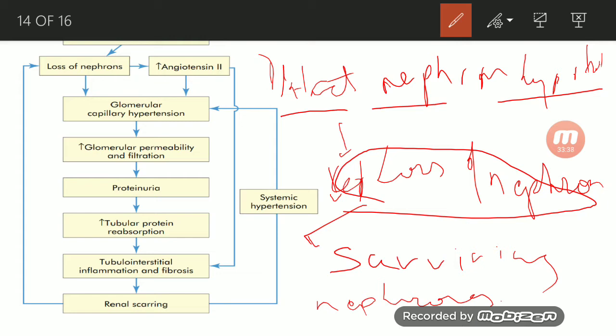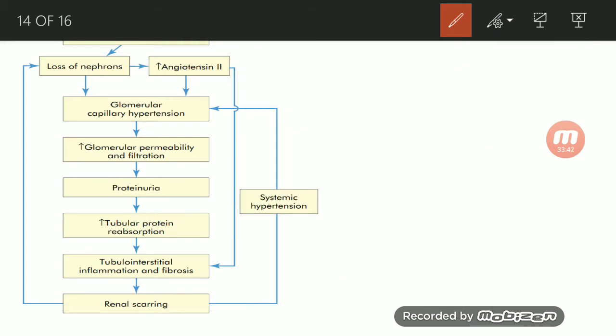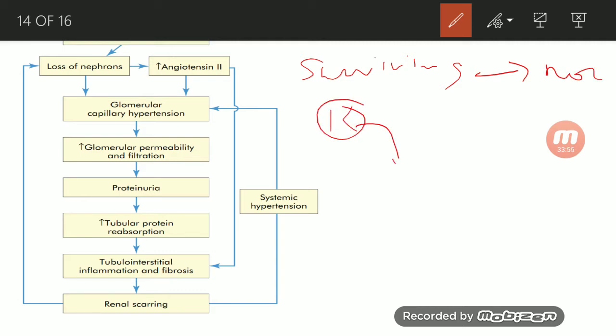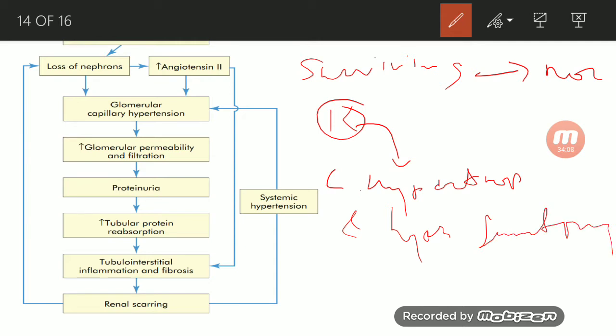In order to maintain normal kidney functioning, the surviving nephrons undergo compensatory hypertrophy and hyperfunctioning.